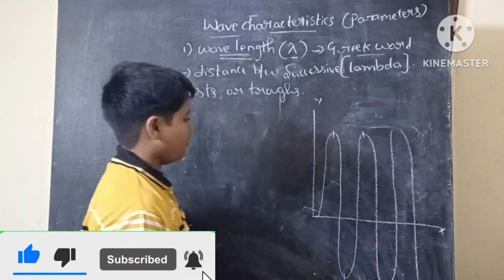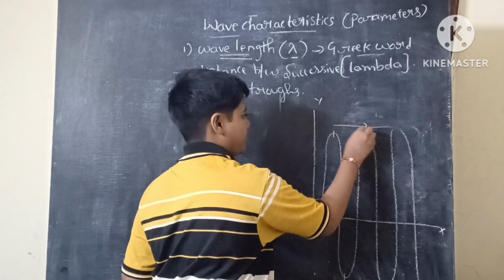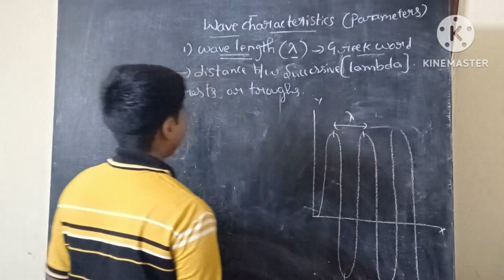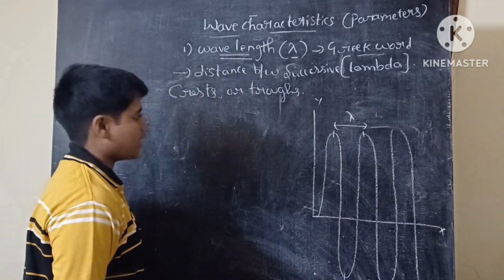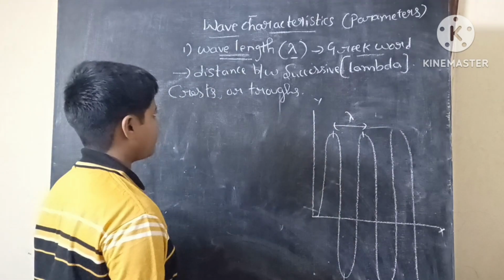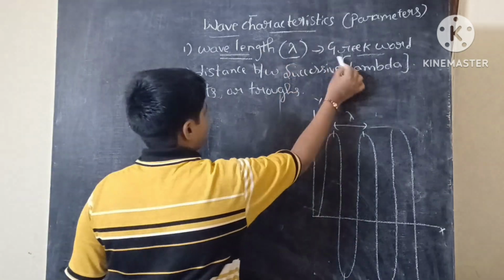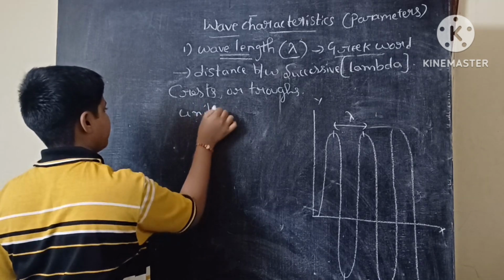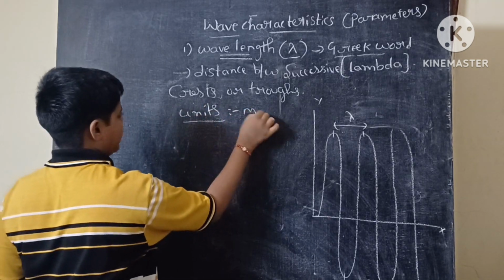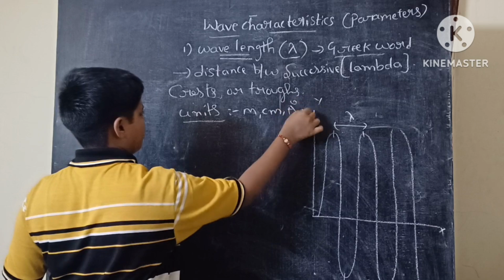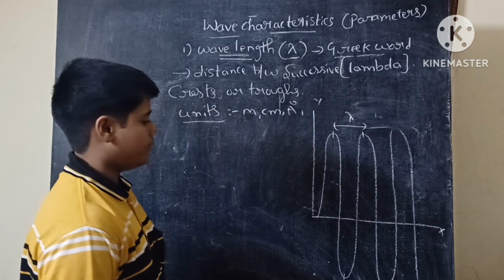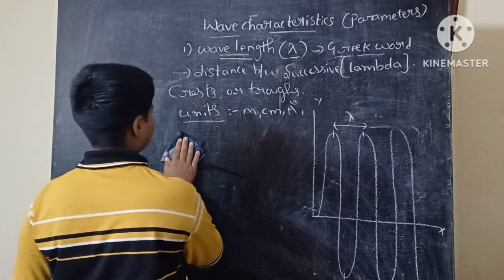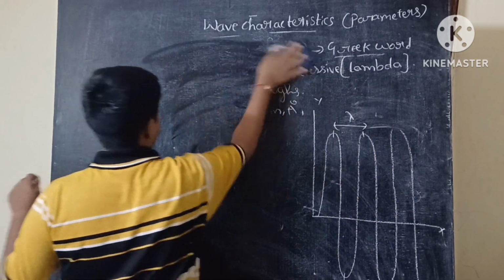This is called wavelength, from this to this. It is denoted by lambda. It is a Greek letter. The units are meter, centimeter, angstrom, normal units only. So this is wavelength, the first parameter.